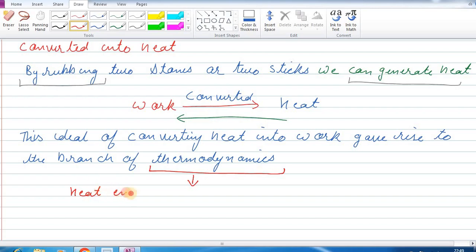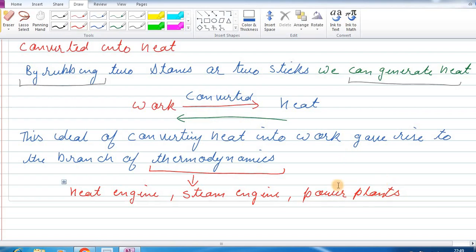Heat engines, steam engines, power plants, all these arise just because of thermodynamics.